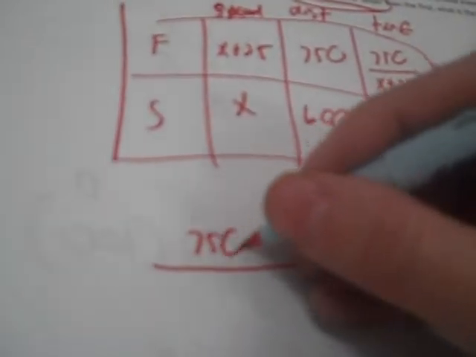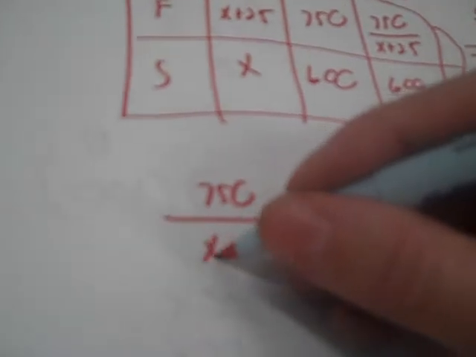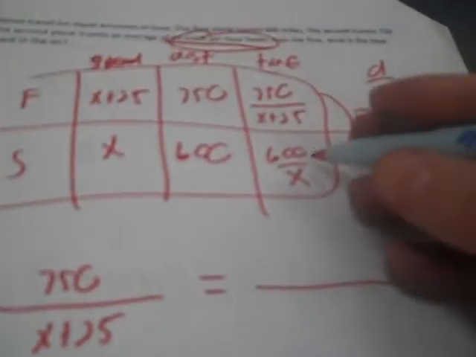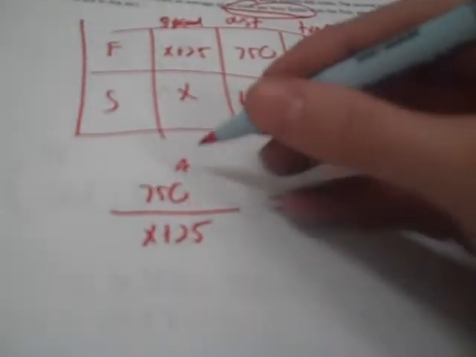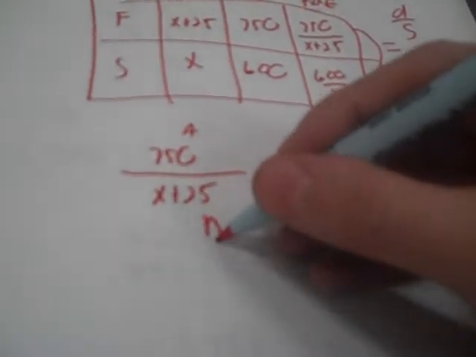Okay? Okay, I know these are equal. So 750 over x plus 25, then 600 over x. And then ABCD is going to get the job done. But that's not the answer I put here, though, okay? Because x is the speed. You need the hours. That doesn't match what you need to find.